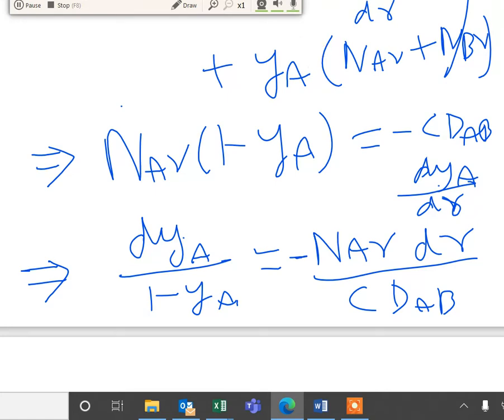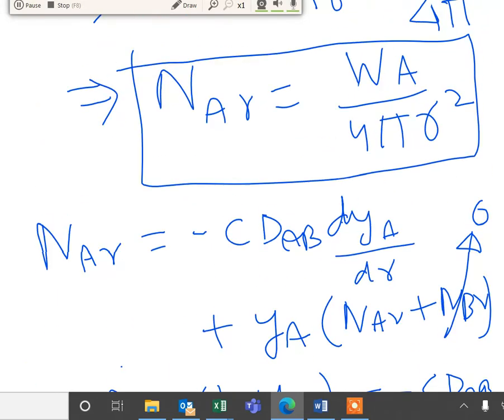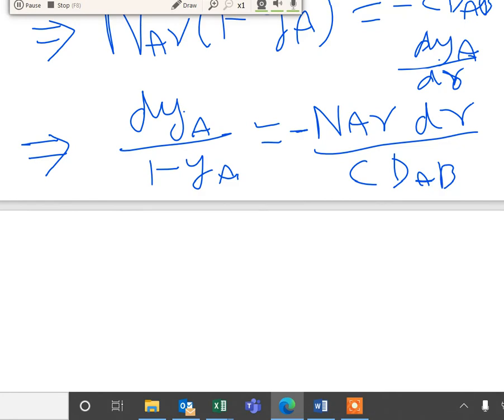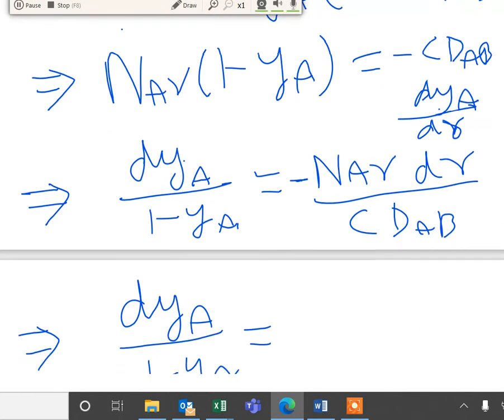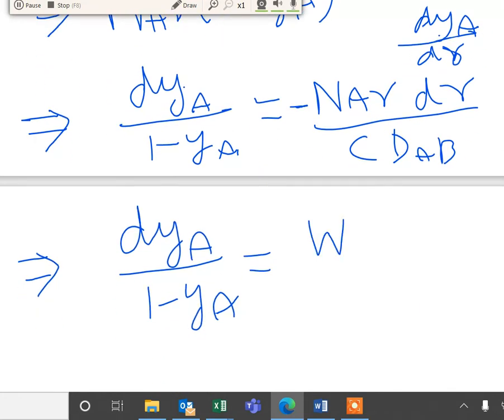Now we know that NAr equals WA divided by 4 pi r square. So next step, we will integrate this dyA over 1 minus yA equals NAr, or WA over 4 pi r square.